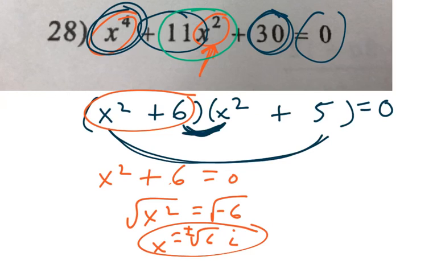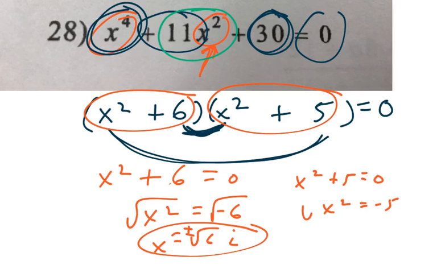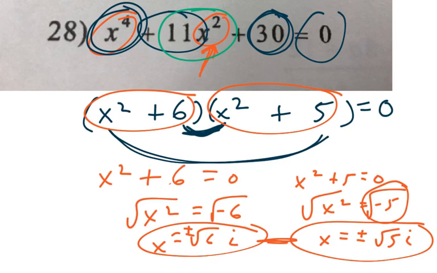It's going to be an imaginary, complex, or i number answer. Okay? And the same thing's going to happen with x squared plus 5, where we're going to end up with x squared plus 5 equal to 0, x squared equal to negative 5. When we take the square root, we got a square root of a negative, right? And that means x, you see, is going to be plus or minus square root of 5i. So we have all complex or imaginary answers there, right?